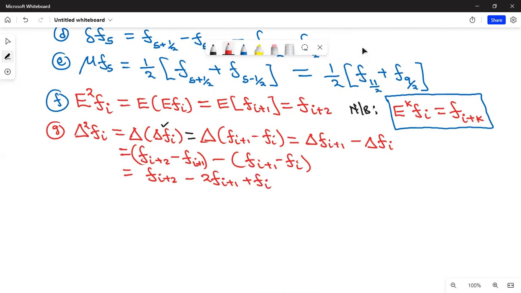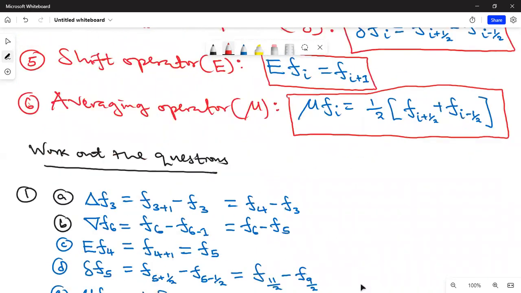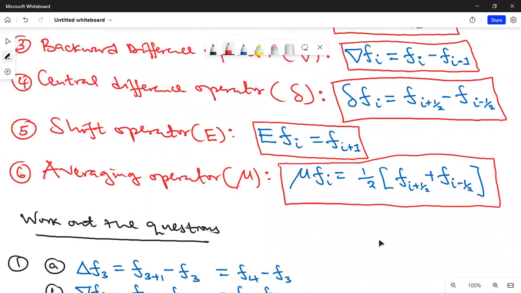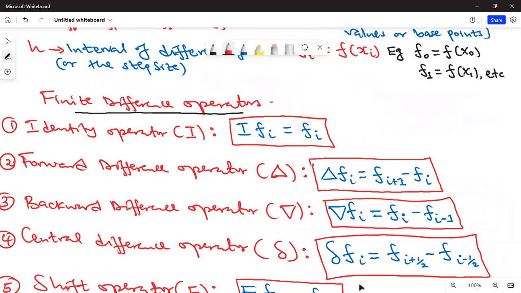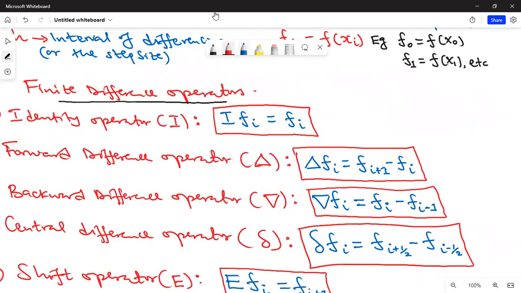Somebody might be wondering, what are these Fi plus 1 and so on? Let me illustrate here. What I did was this. I picked some consecutive functional values, where here we have Fi when x is xi. Here we have Fi plus 1, x is xi plus 1.